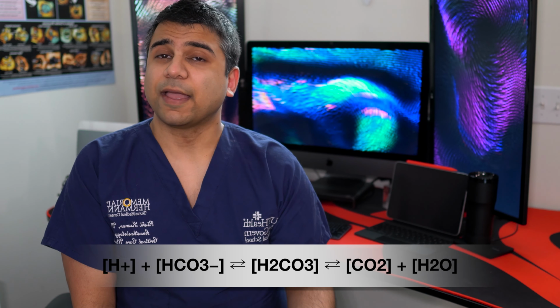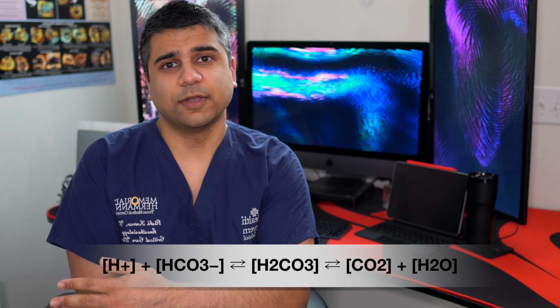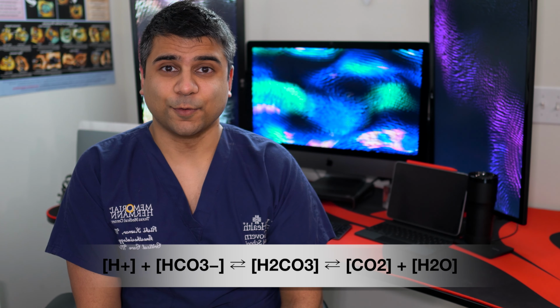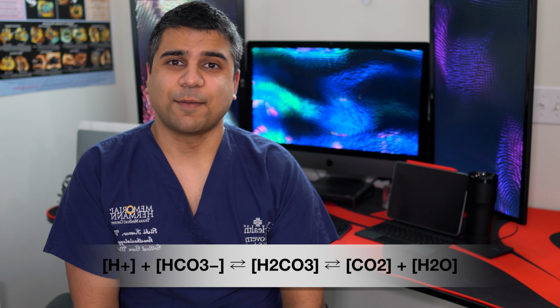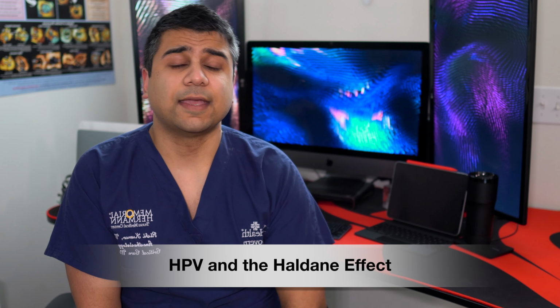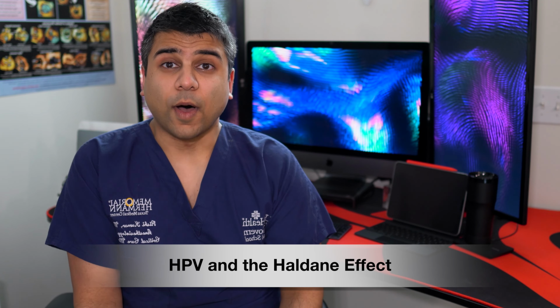Well, all that H+ then ends up going through the carbonic anhydrase equilibrium and binding bicarbonate and shifting that whole equilibrium to the other direction. And now what are you producing? CO2. So that's where your CO2 is coming from. Those two mechanisms, hypoxic pulmonary vasoconstriction and the Haldane effect, are the two biggest reasons why we see hypercarbia in some patients with COPD who are receiving supplemental oxygen.